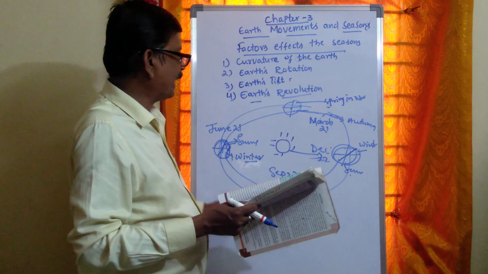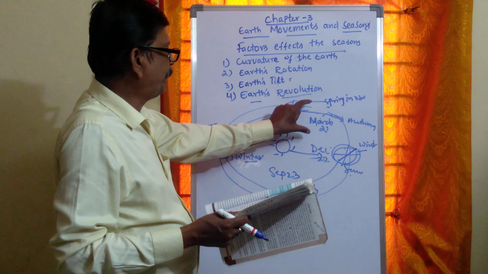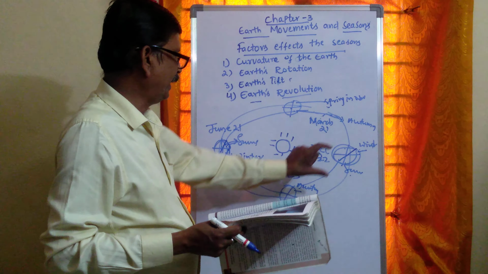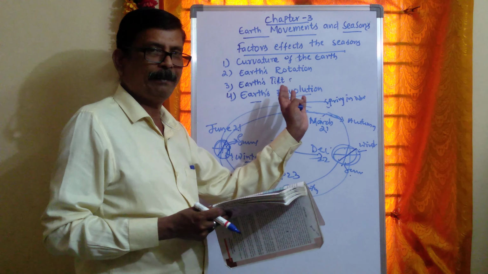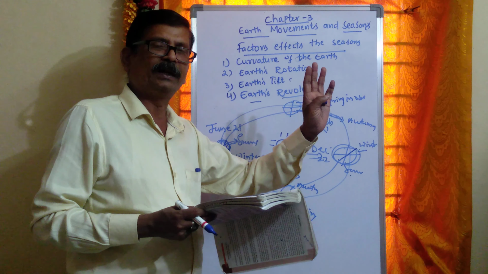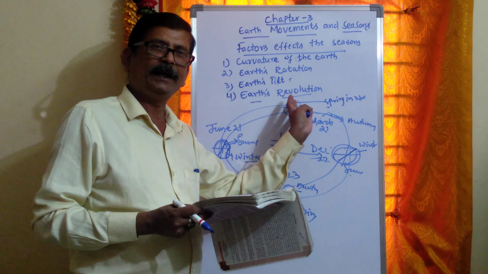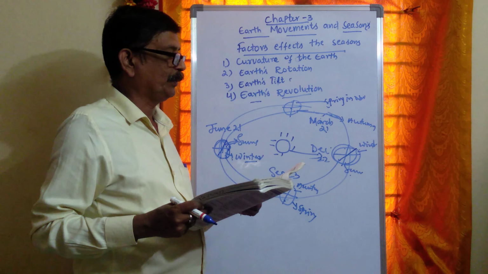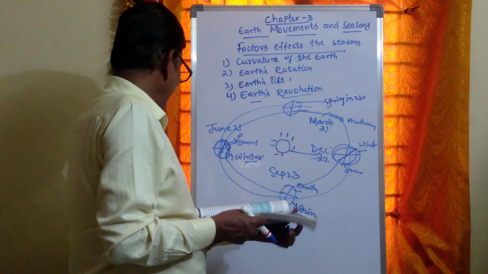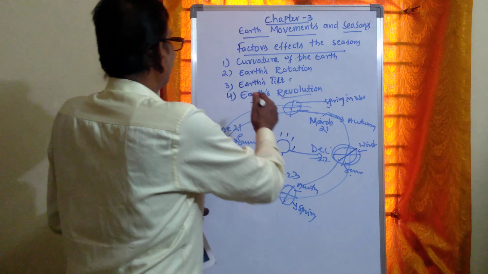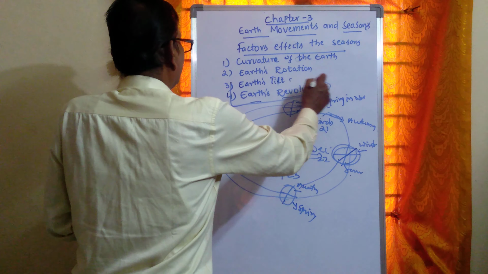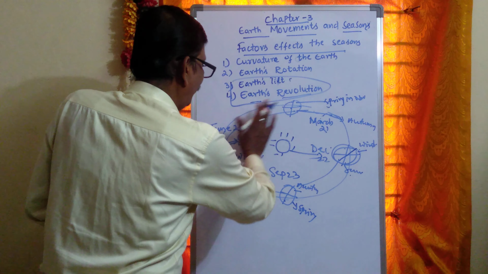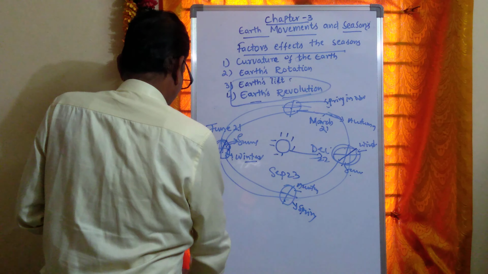From here we can understand that on different dates, the hemisphere which is tilting more towards the sun has the summer, and the other has the winter. Now you can understand this point: the tilting as well as the revolution of the earth.